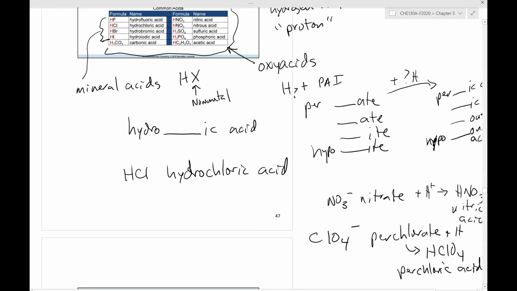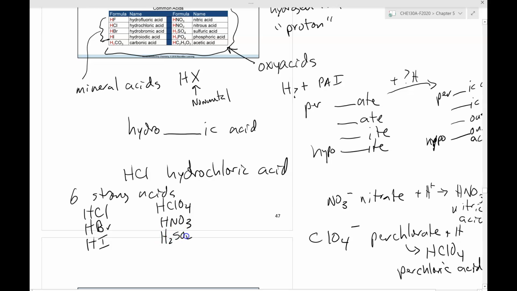One should probably know the 6 strong acids are HCl, HBr, HI, hydrochloric, hydrobromic, hydroiodic, HClO4, perchloric acid, HNO3, nitric acid, and H2SO4, which is sulfuric acid.